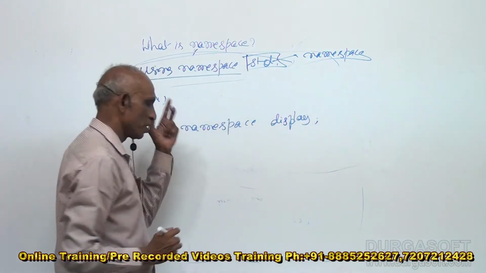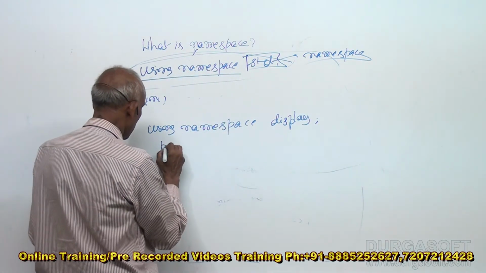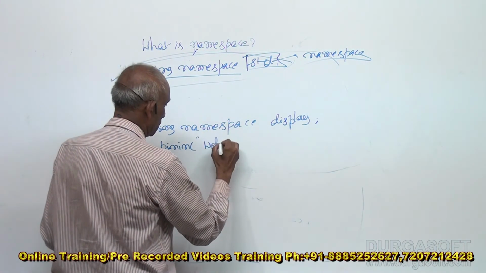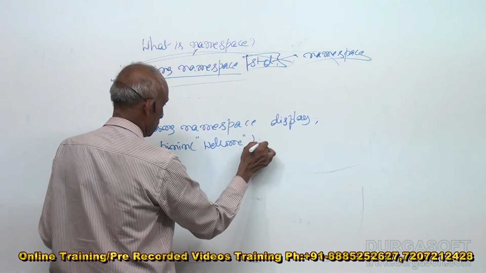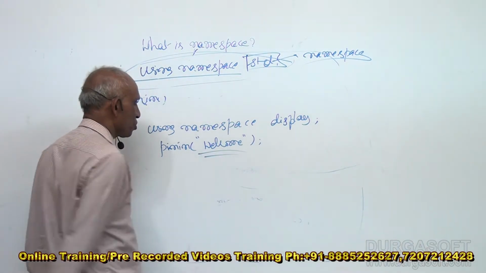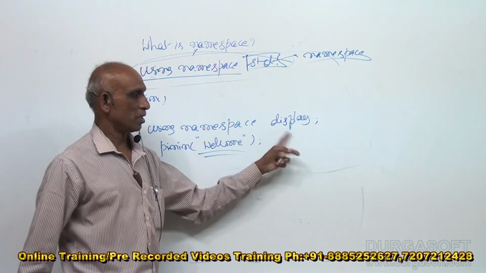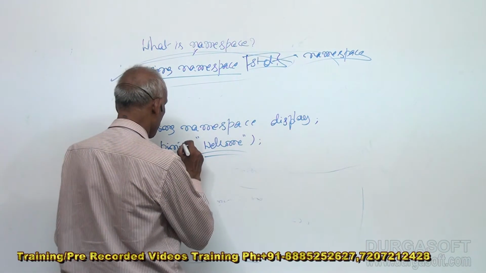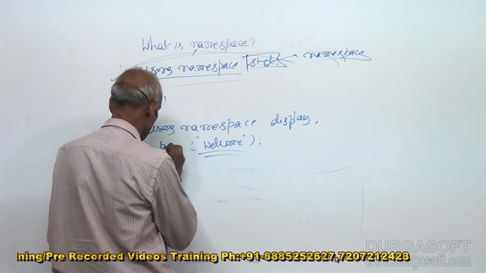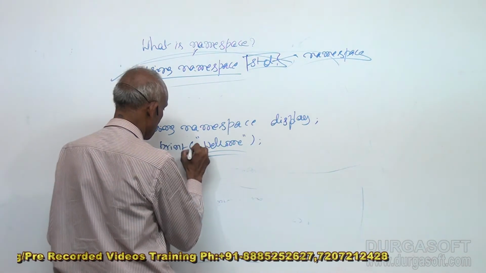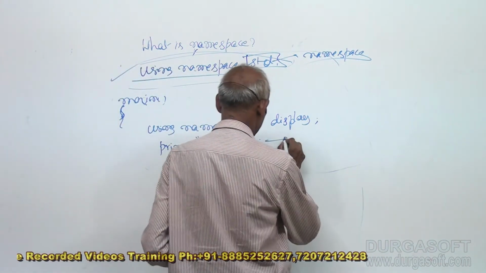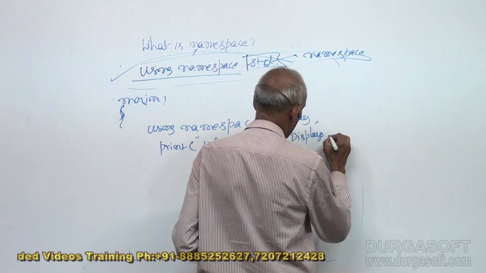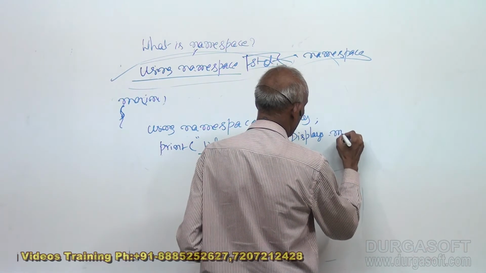If I say using namespace display and call print welcome, this string is displayed, because we are using the display namespace, so the print of the display namespace displays the message or string.